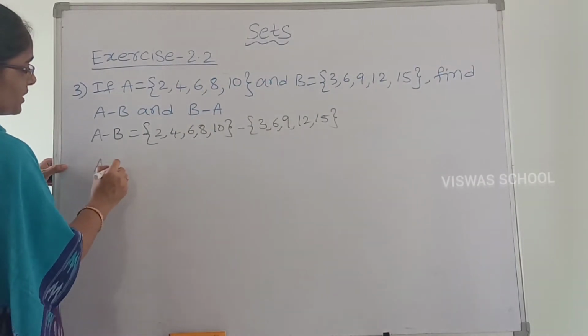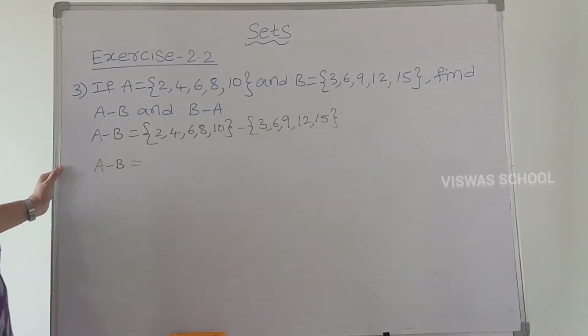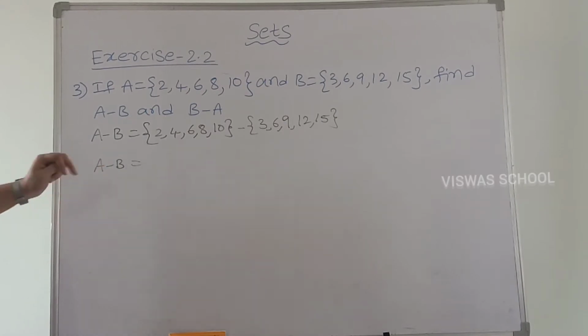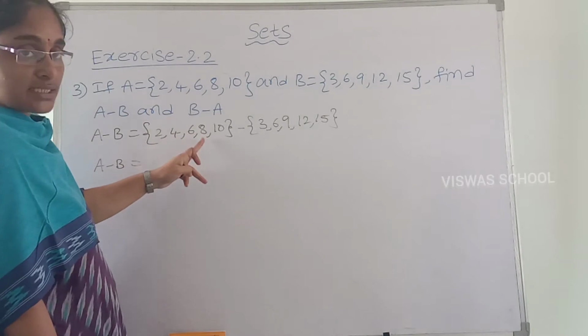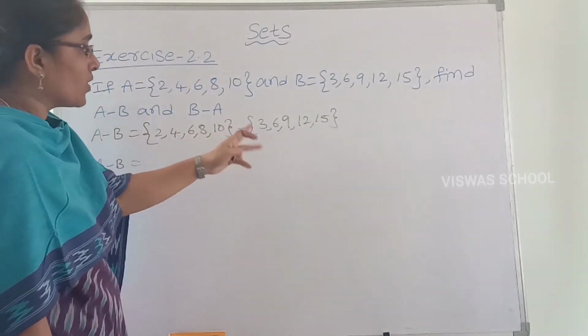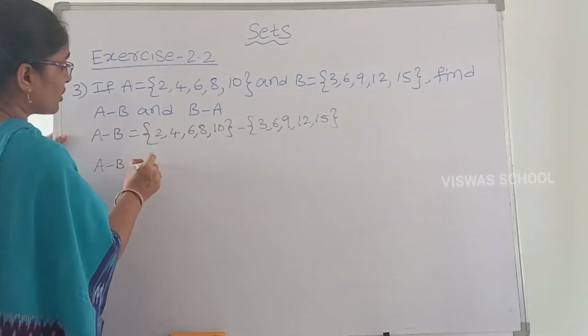Now A minus B equals, this is the difference of two sets. Then what are the elements in this set here? Only we have to write set A elements which are not in B.